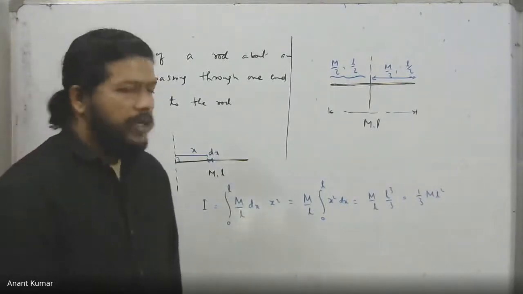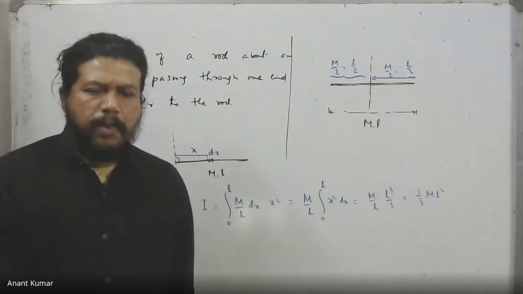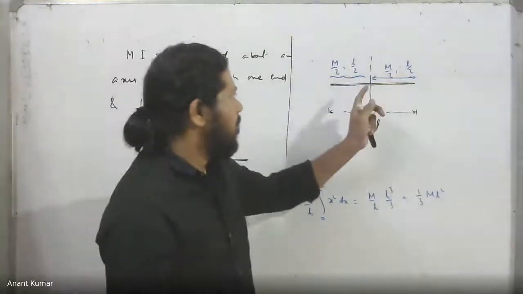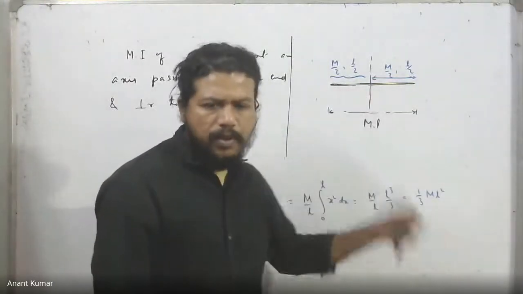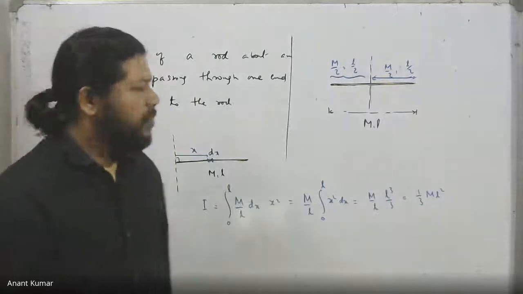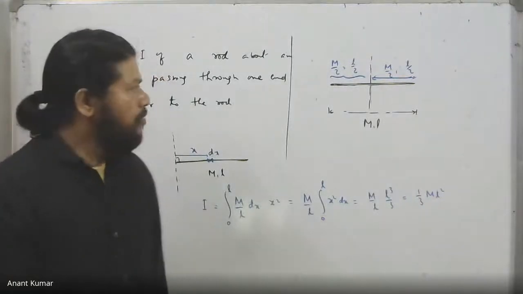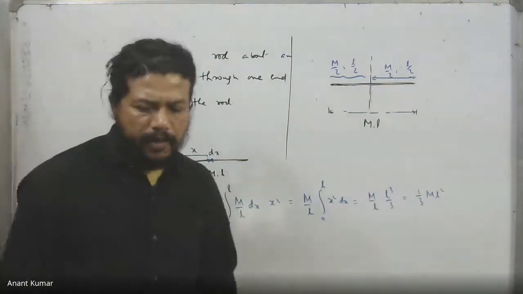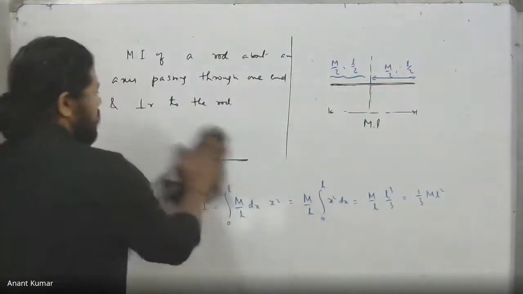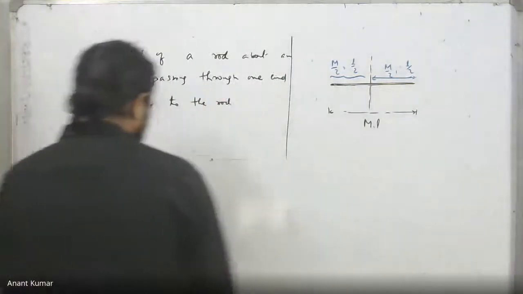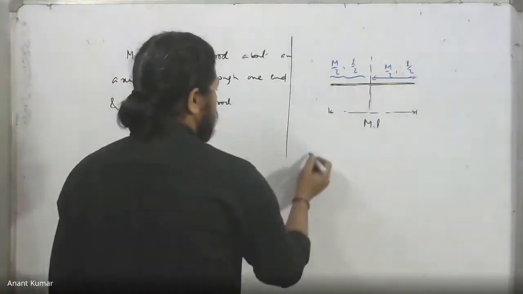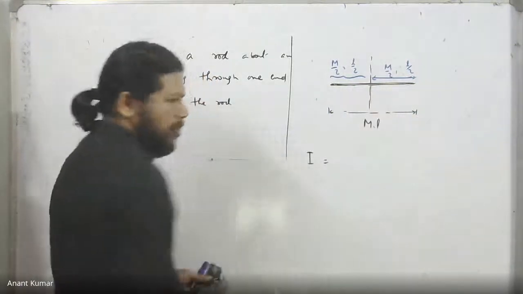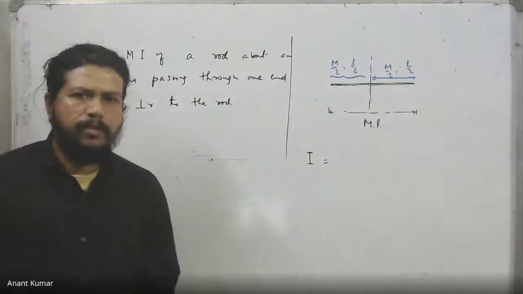You notice in this case that the axis is passing through the end of each of the rods. This axis can be thought of as an axis passing through the end of the first rod on the right side, and similarly the end of the rod on the left side, which can therefore be added up by applying the previous result. So we end up getting the sum of the moments of inertia of this one and this one, because you can always add up the moments of inertia about a given axis.